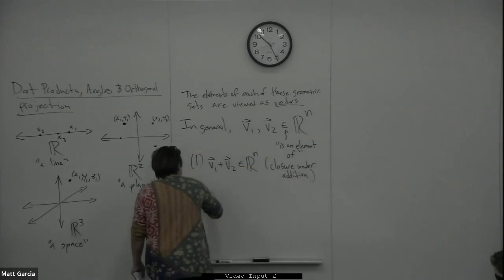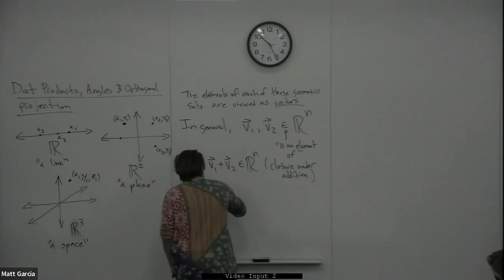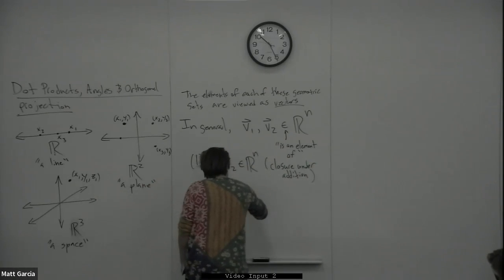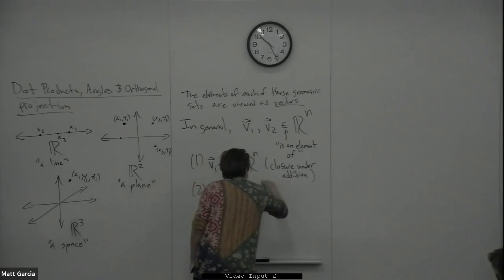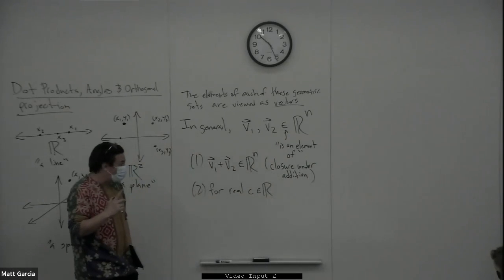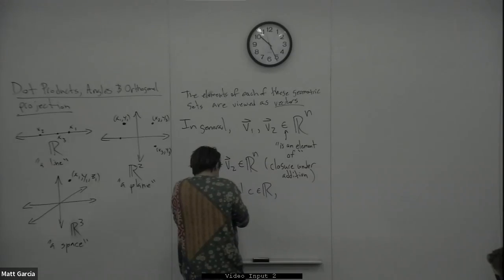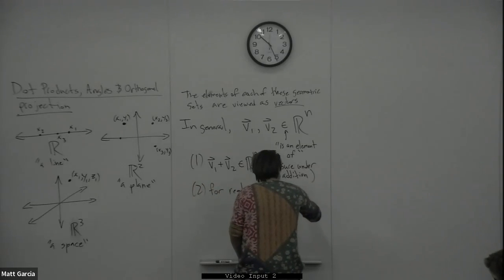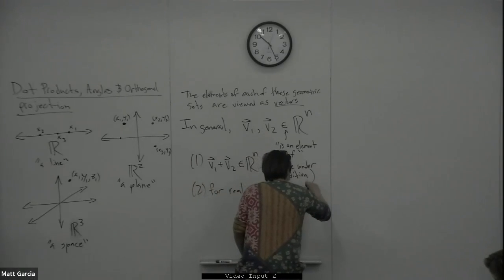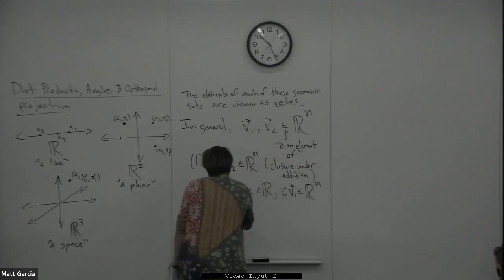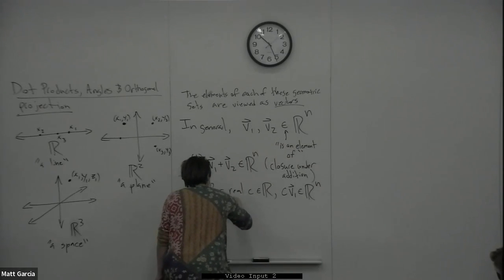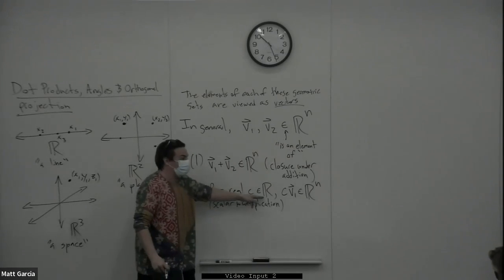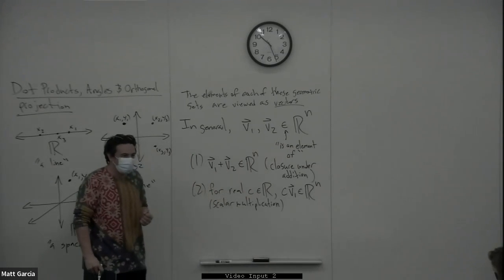Okay. What else can we do? For a real number C, just an element of R1, we necessarily must have that C times V1 is an element of Rn. Scalar multiplication, yeah. C is just a constant. It's just any element of R, right? It's just a real number.